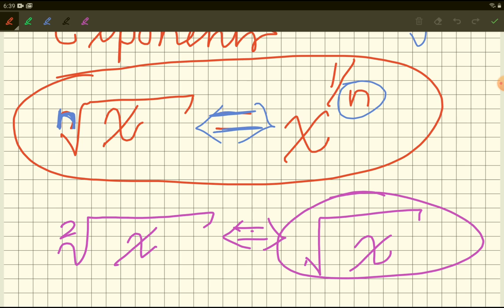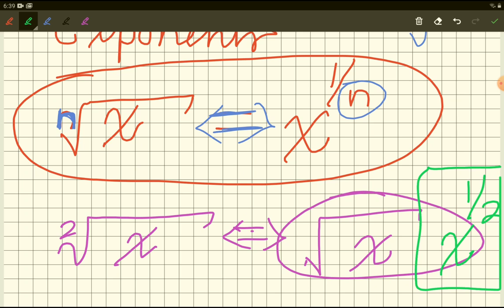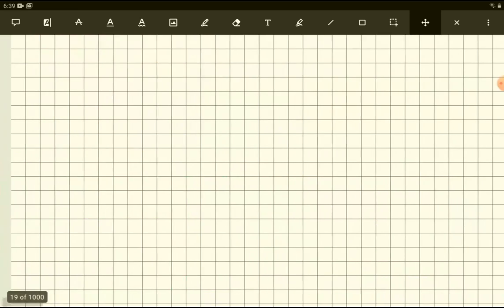These two are also known as x to the 1/2 power. So square roots and exponents as fractions, 1/2 as the exponent. The fraction exponent.